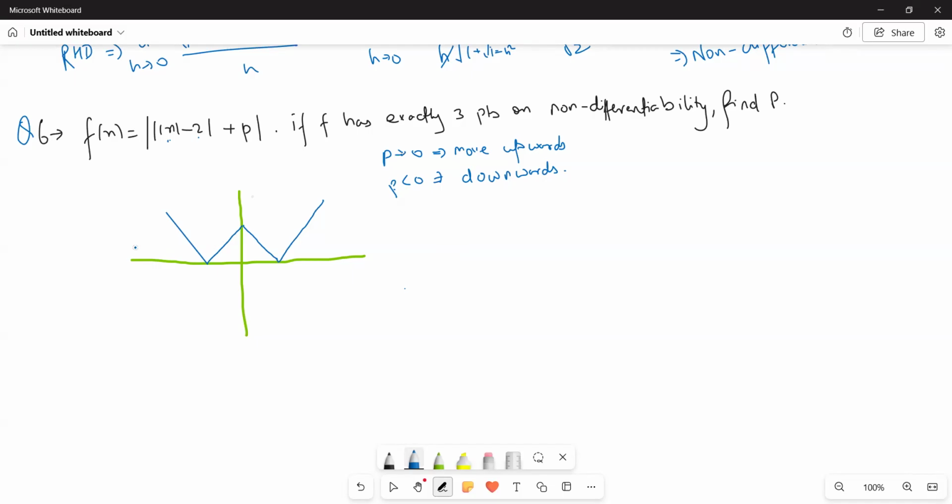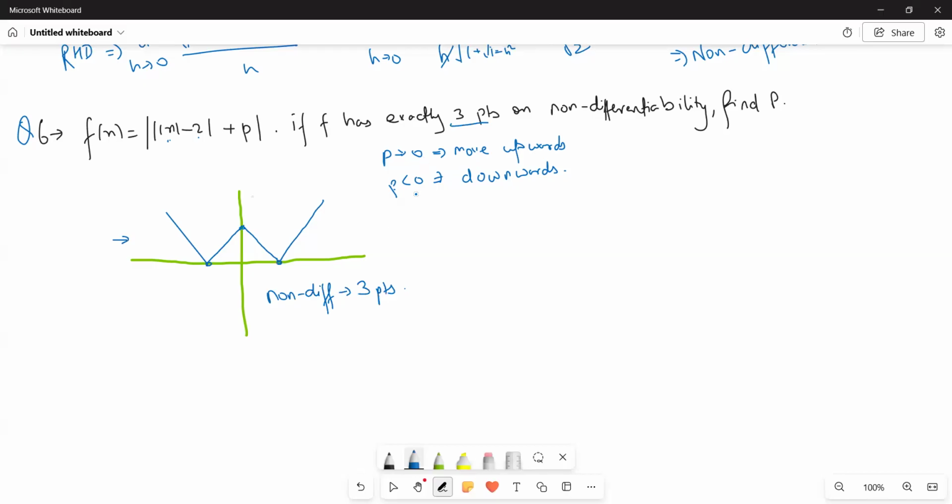Now, if you look at the graph at this juncture, how many points of non-differentiability does it have? 3. The current graph is already non-differentiable at 3 points because we have 3 corners already, 1, 2 and 3. The question needs it to be this, so we basically have to maintain the status quo.